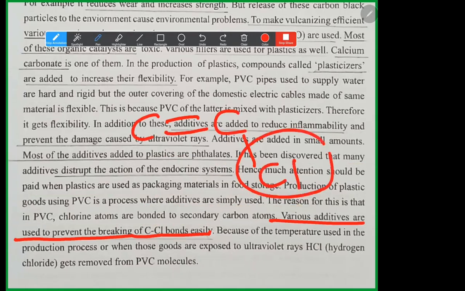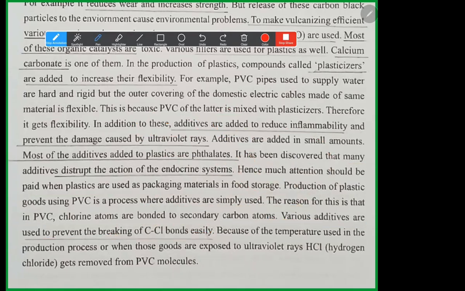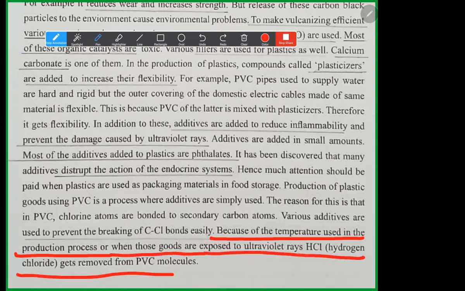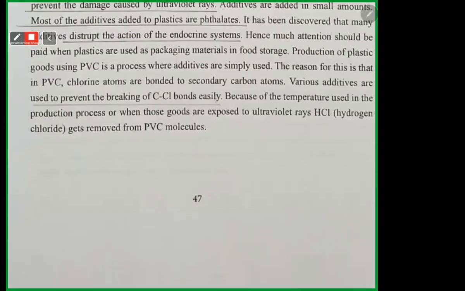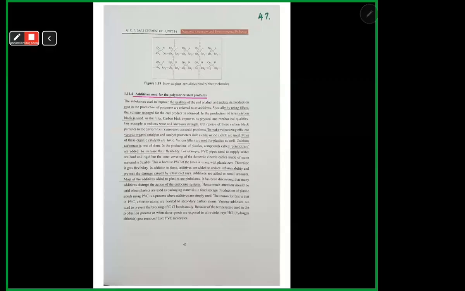So that's really unstable. Because of the temperature used in the production process, or when those goods are exposed to ultraviolet rays, hydrogen chloride gets removed from PVC molecules. All right, we've done up to page 47.